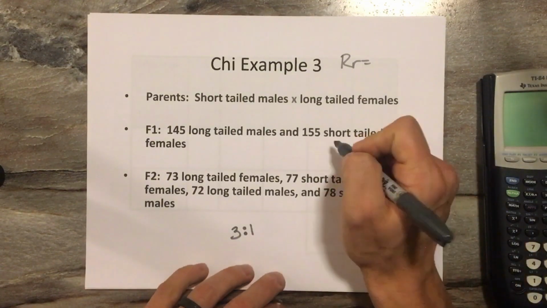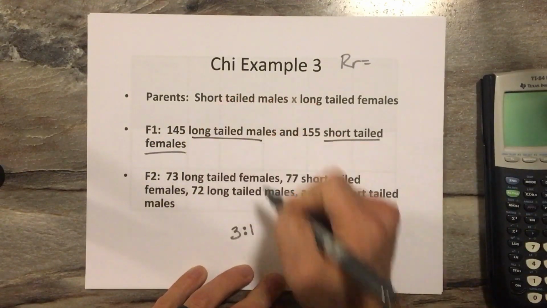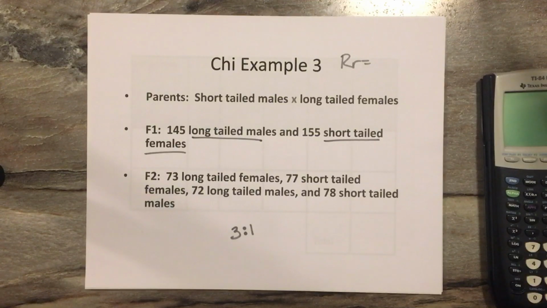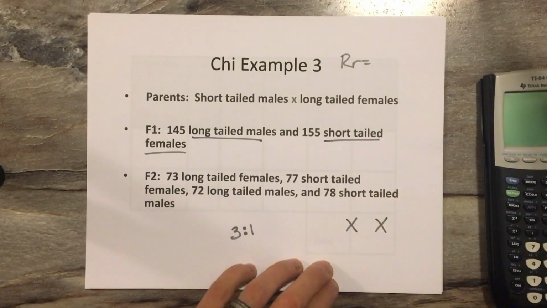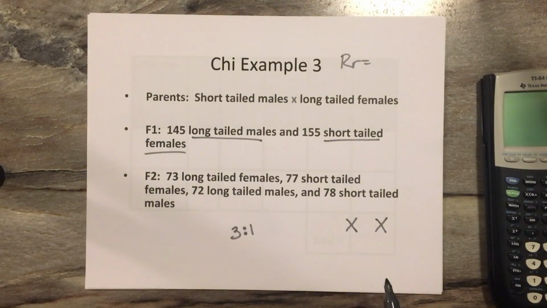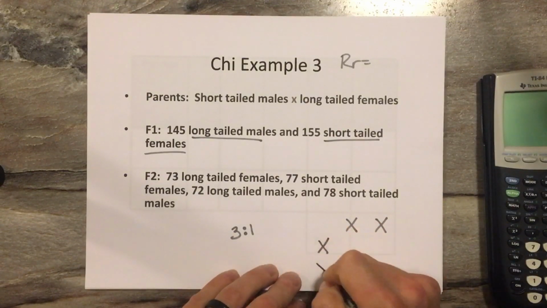So we have short-tailed females and we have long-tailed males. We know the females are going to be XX, and we know that the X's carry 99% of the traits, and the Y's don't really carry the traits. So the male's going to be XY.